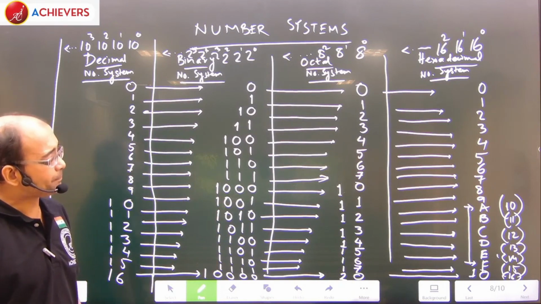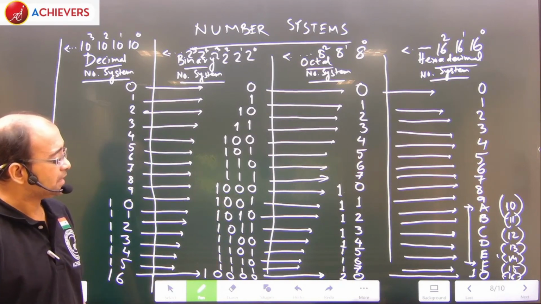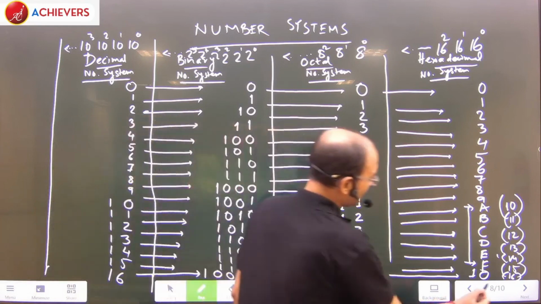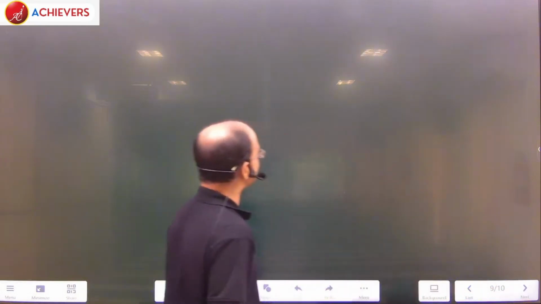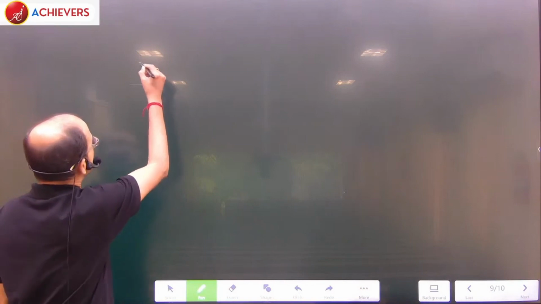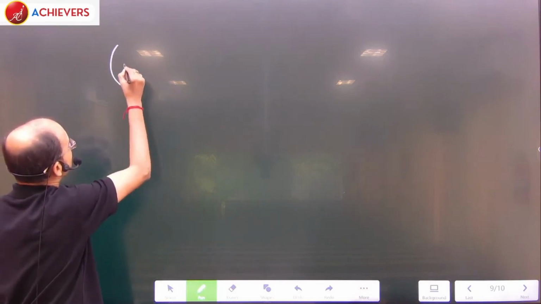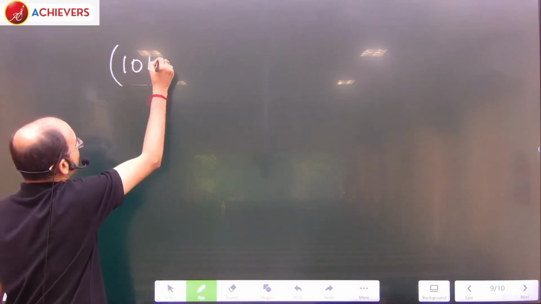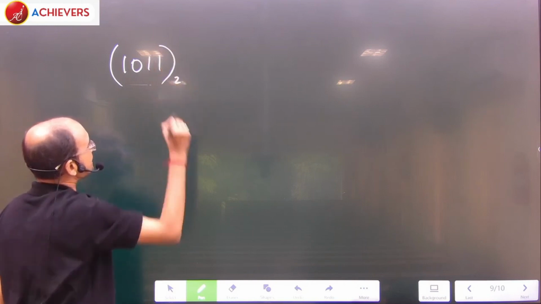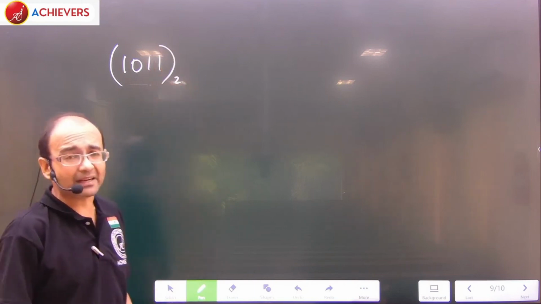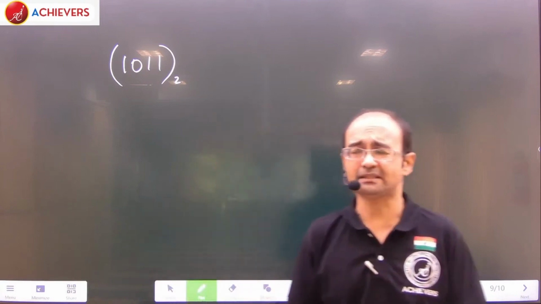Now whenever we represent number systems, how will we represent them? Based on the suffix. On the new page we are writing 1011, for example. This is a binary number that we are representing.